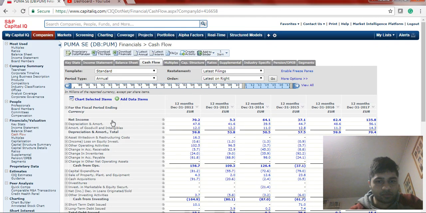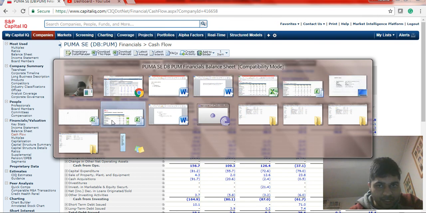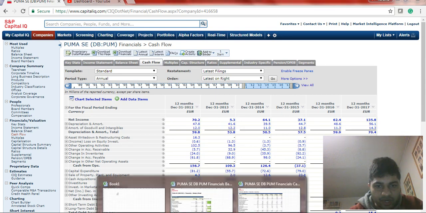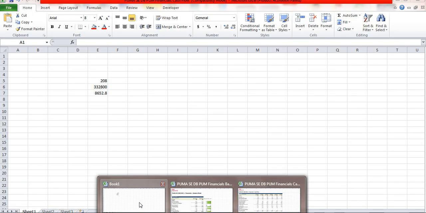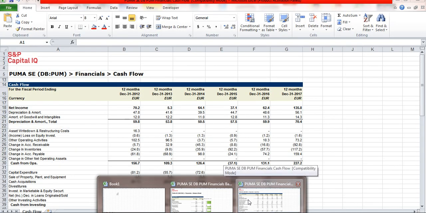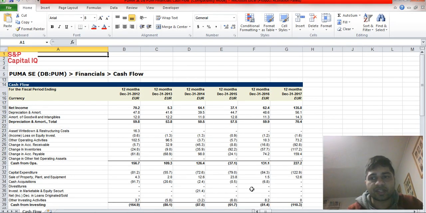So I have a sample statement somewhere, if I can find it. Yeah, so this is a cash flow statement of Puma.